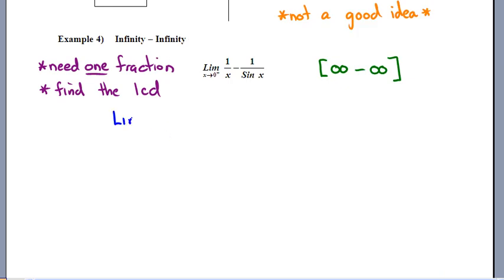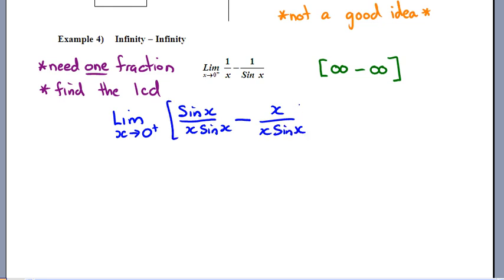So I'm going to do a limit as x heads to 0 plus, and I'm going to put this all into one fraction. This first fraction, if I multiply both top and bottom by sine x, would be sine x all on top of x sine x. And then minus, this one needs an x all on top of x sine x.